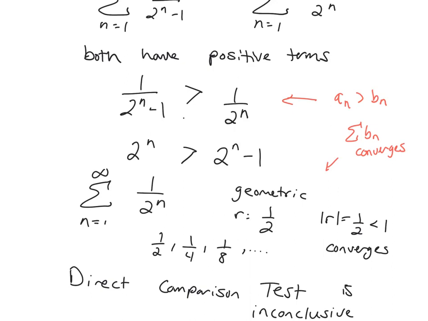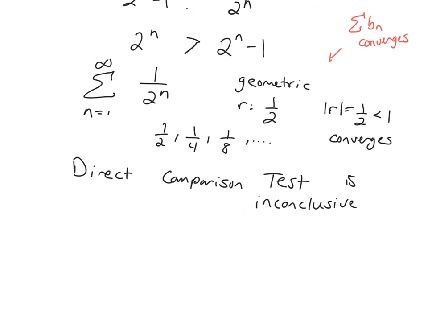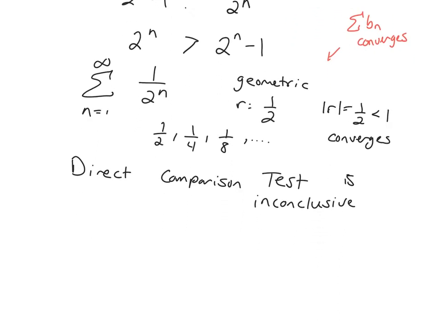The test failed, but we have this limit comparison test that we can do instead, okay? So let's do the limit comparison test. My terms, just to remind us, a sub n was what I started with, 1 over 2 to the n minus 1, and b sub n is 1 over 2 to the n.